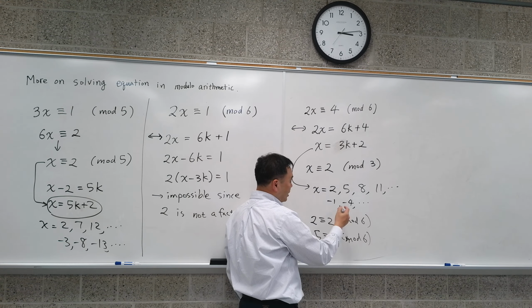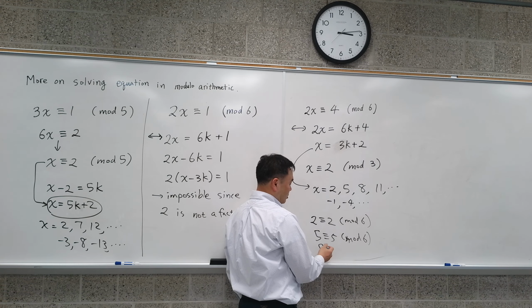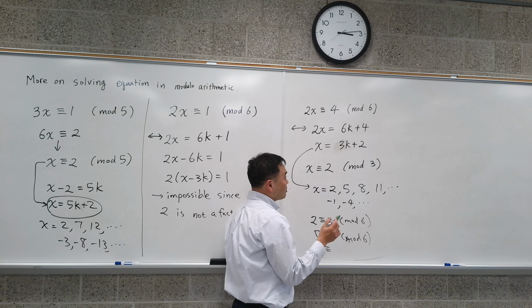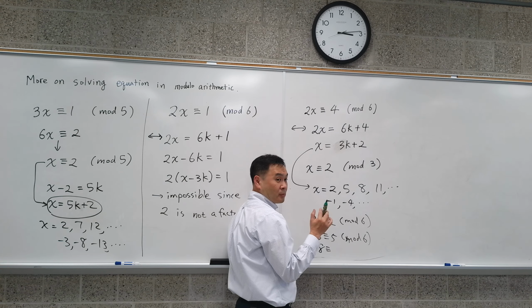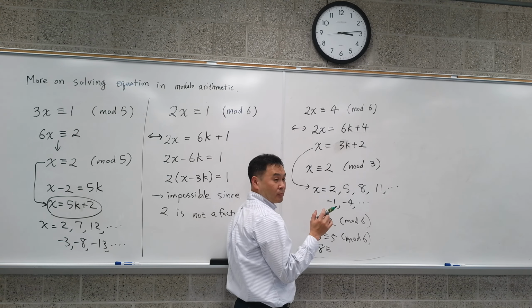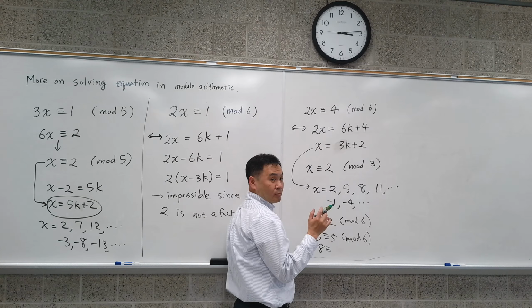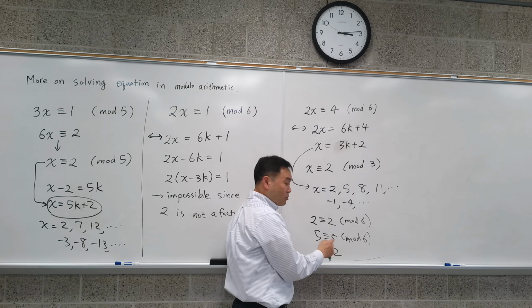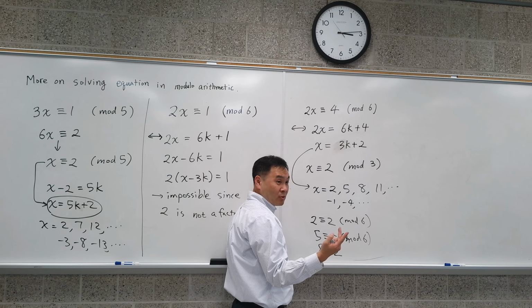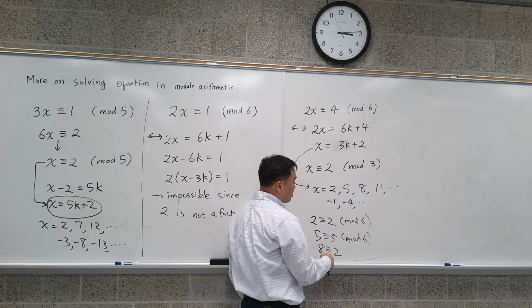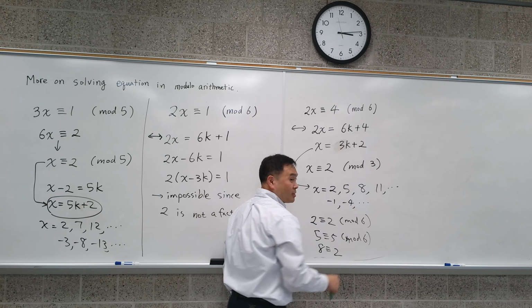What else? 8 is congruent to, if you do 8 mod 6, what do you get? 2. Yeah, 2, right? If you divide 8 by 6, you have a remainder of 2, right? So 8 is congruent to 2. How about 11? 5. Right?